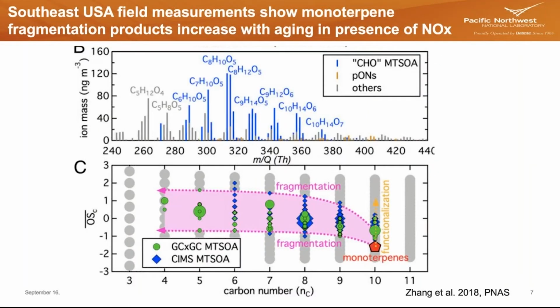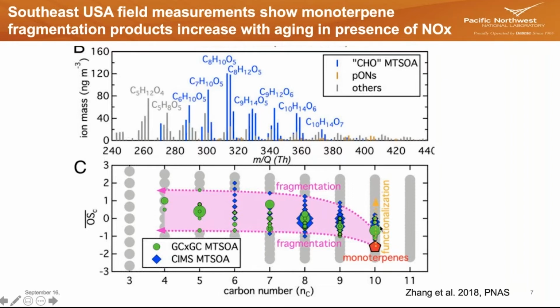And just to give a perspective of how real the functionalization and fragmentation reactions are, these are measurements from Alan Goldstein's group that were published in PNAS a few years ago. This was done with some state-of-the-art instrumentation in the field, the chemical ionization mass spectrometer and the GC instrument. You can see that monoterpenes, with a carbon number of 10, start out in the atmosphere, but as they are aging, you get a lot of functional groups.